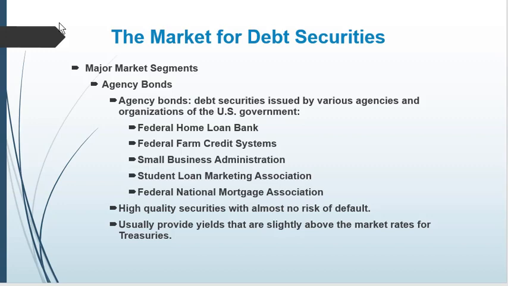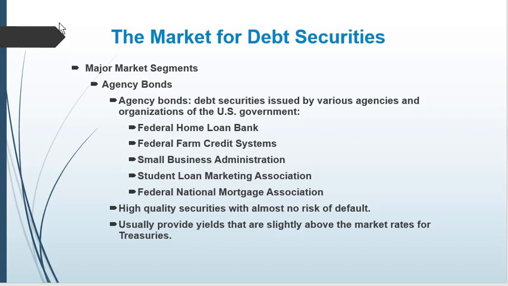We have bank loans, right, the federal home loan banks, these are all mortgage loans. The SBA can now create debt and issue debt. And Fannie Mae is a government agency that has what's referred to as mortgage-backed securities. We'll talk about them here in a second.